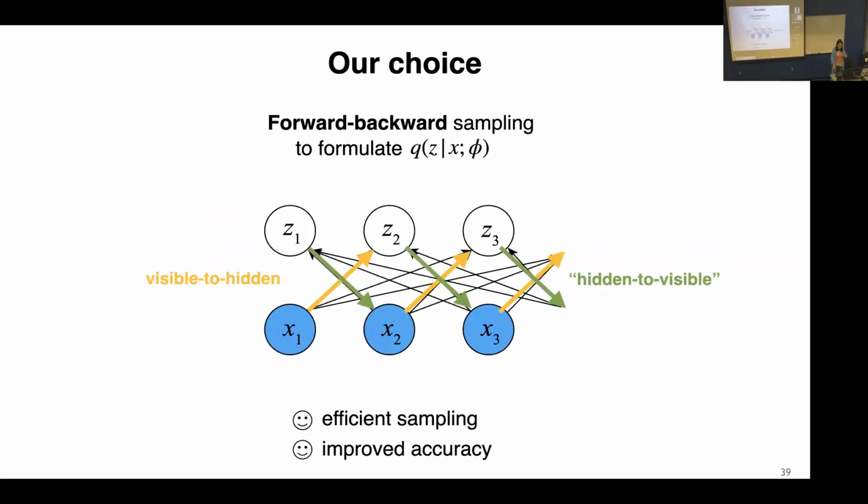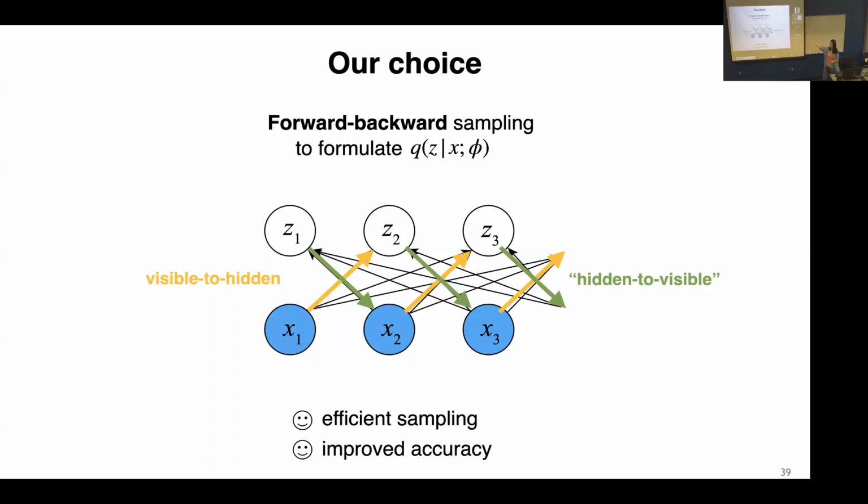What we propose is, what if we introduce some backward information that tells you how the hidden nodes influence the future visible nodes. This is similar to a hidden Markov model. In order to calculate the posterior of the hidden given the whole observation sequence, you need to calculate forward message passing and backward message passing. So that's a similar motivation.